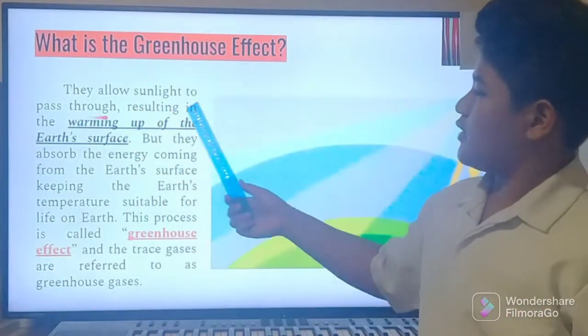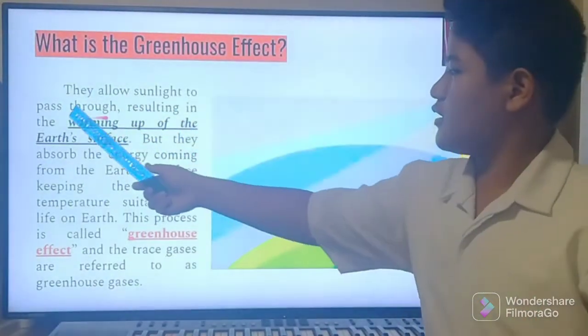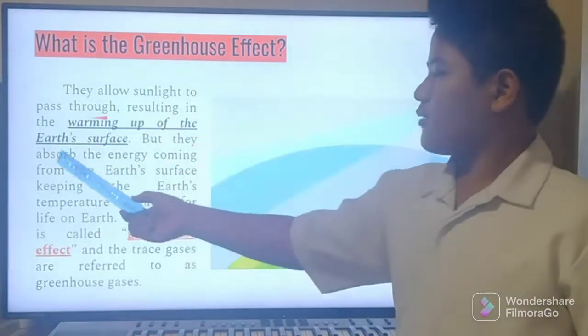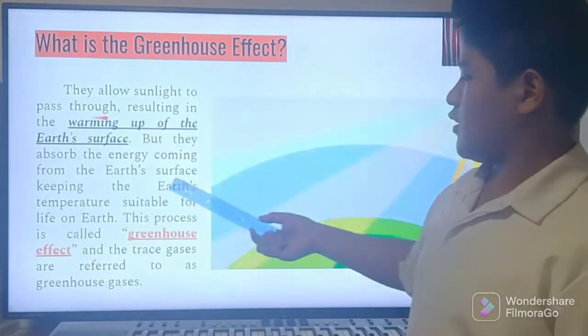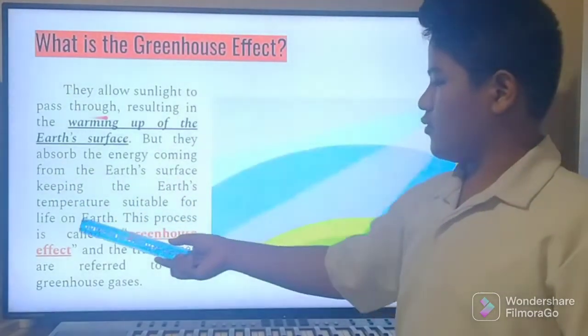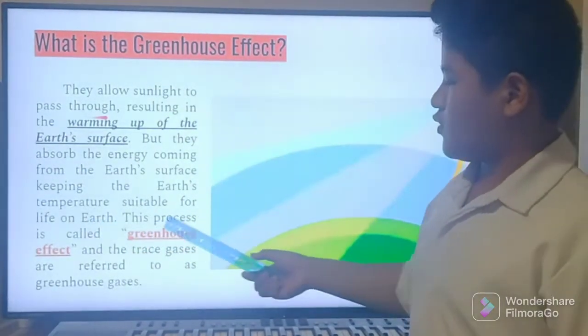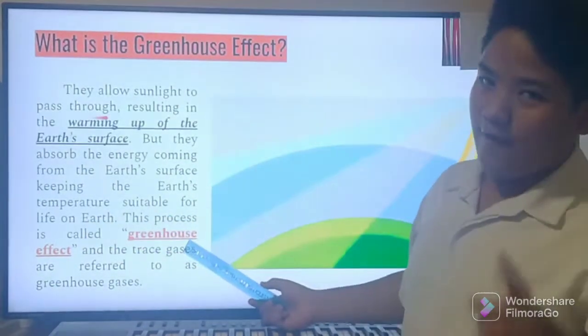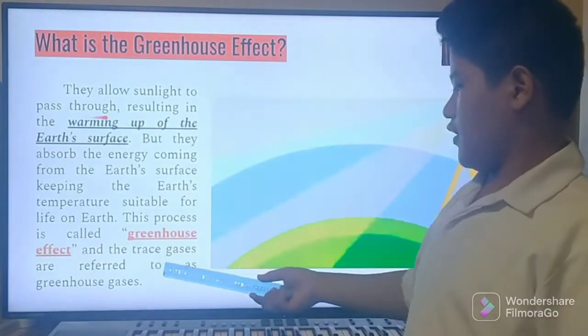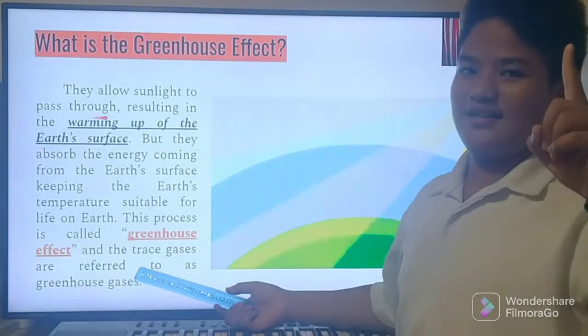They allow sunlight to pass through, resulting in the warming up of the Earth's surface, but they absorb the energy coming from the Earth's surface, keeping the Earth's temperature suitable for life. This process is called the greenhouse effect, and the trace gases are referred to as greenhouse gases.